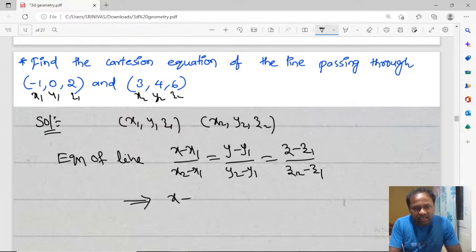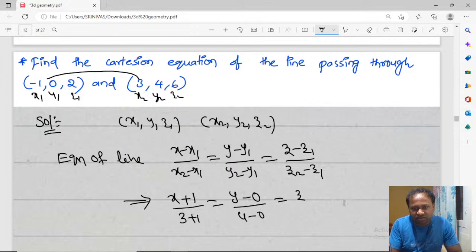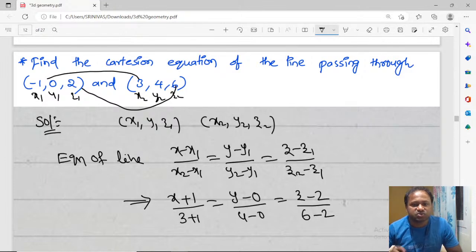Substitute in this. x minus x1, minus into minus plus 1, over x2 minus x1, how much? 3 plus 1, is equal to y minus y1, 0, divided by y2 minus y1, 4 minus 0, is equal to z minus z1, which is 2, divided by z2 minus z1, which is 6 minus 2.